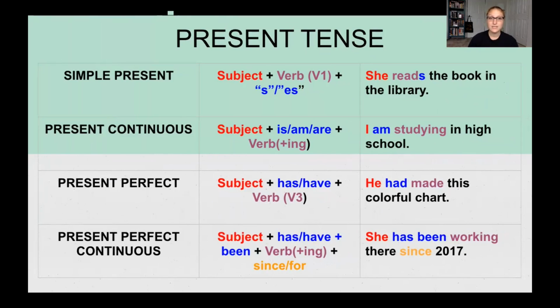Present tense means that it is currently happening at that moment. So for our simple present, which is the first block on the PowerPoint, for simple present, you have subject plus verb, the first verb, and you add an S or an ES.